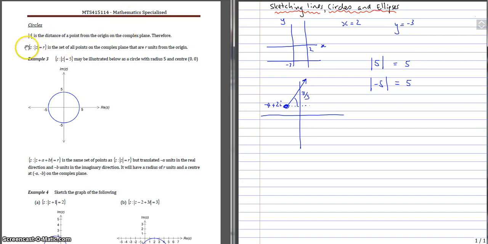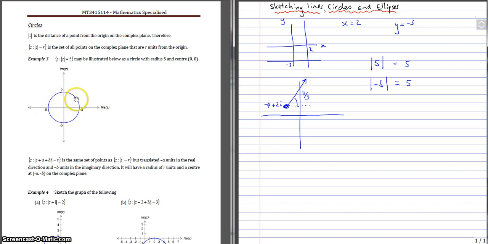So the set of points where the modulus is equal to r is going to be the set of points on the complex plane that are r units from the origin. Now, a set of points that are all a certain distance from the origin will produce a circle. That is the definition of a circle.